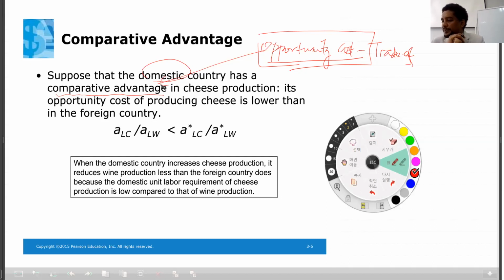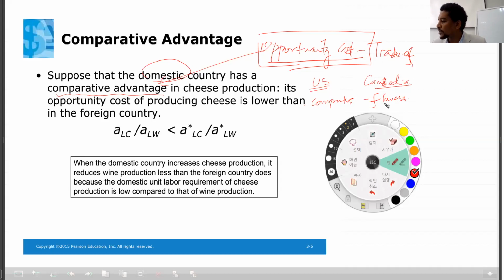I'll give you another simple example, okay? Let's say here there is the US and there is Cambodia. The US produces computers. Cambodia produces flowers, because of, for example, the natural weather.